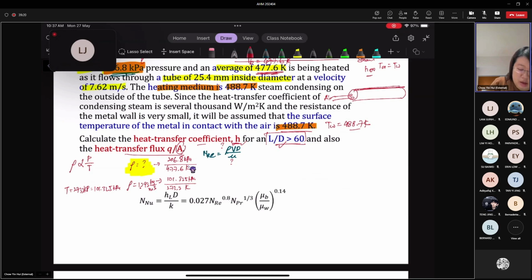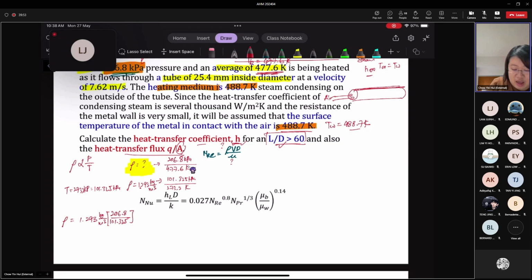Mathematically, the density at the new temperature and pressure will be equal to 1.293 kilogram per meter cube, multiplied by 206.8 divided by 101.325. I'm not writing the unit because it will be cancelled out.